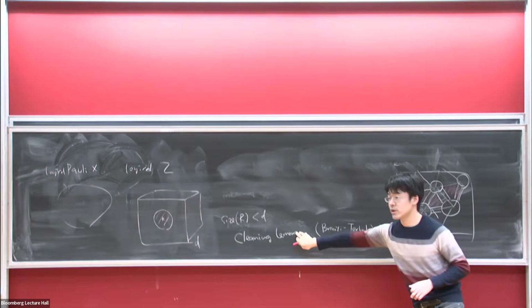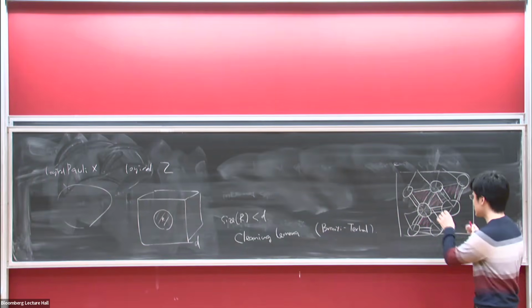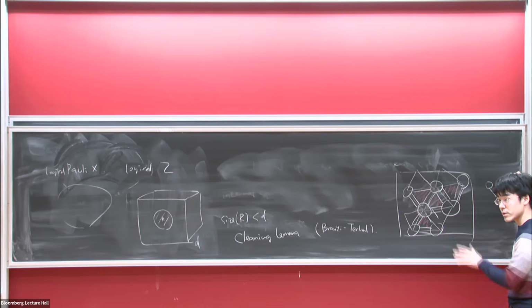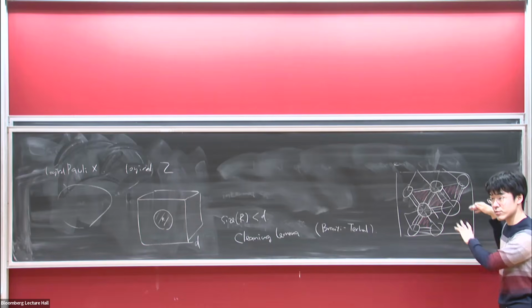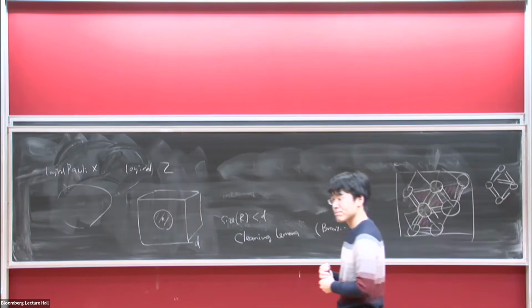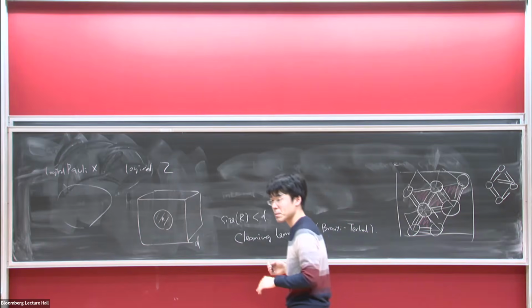We can use the cleaning lemma for this union of the balls such that the resulting logical operator is supported near the simplices, one simplex or several simplices. So by using this cleaning lemma for generic given logical Pauli operators, we can bring them into some lower dimensional support. Then we can use this kind of dimensionality argument to claim what we can define. Yeah, so that's the generic logic.